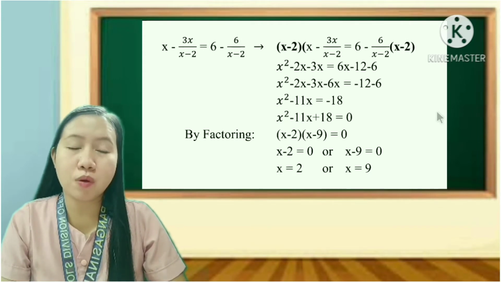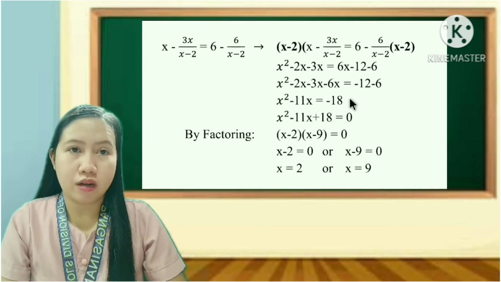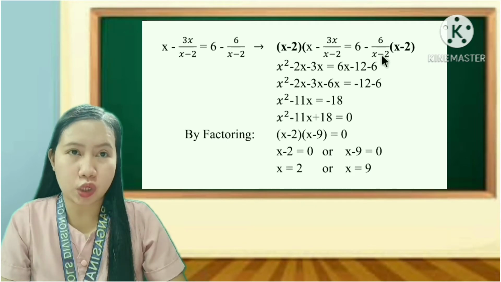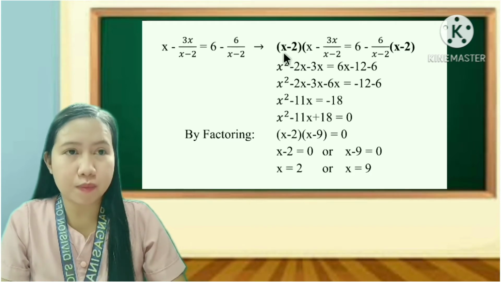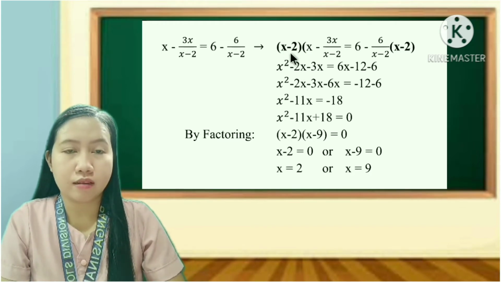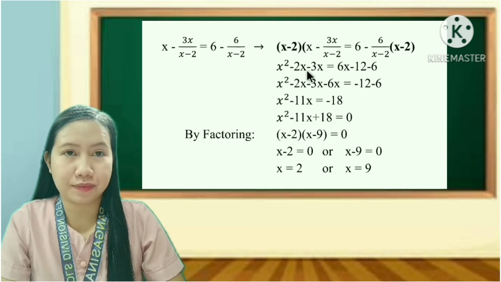So in step number 1, let's simplify our equation. The first one, we're going to use the distributive property. So x minus 2 multiplied to x, that will be x squared minus 2x.